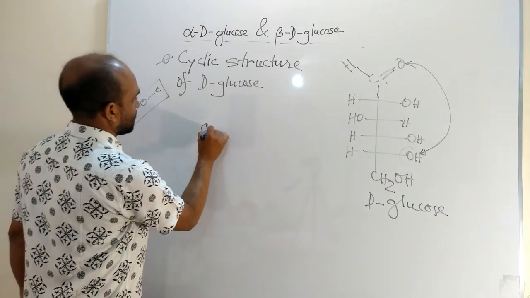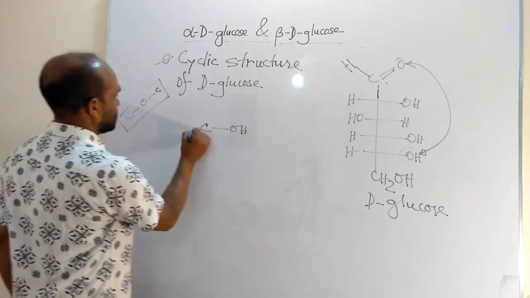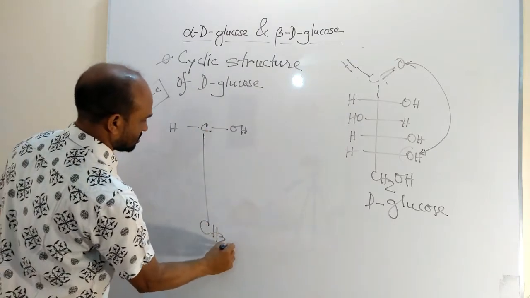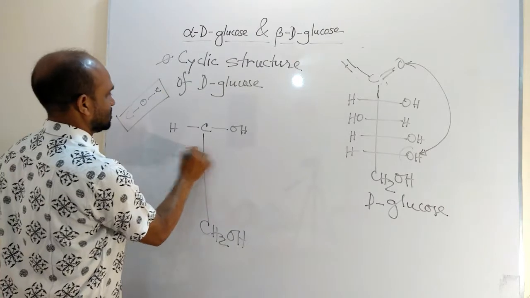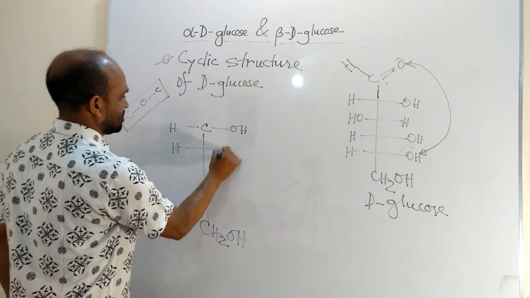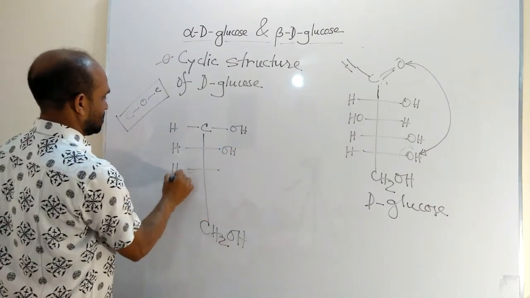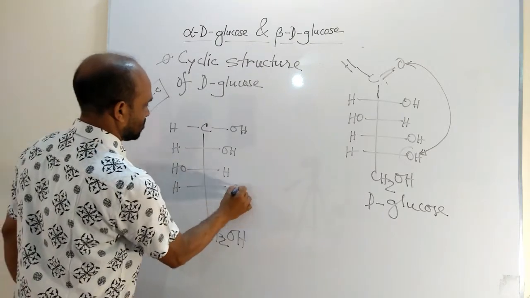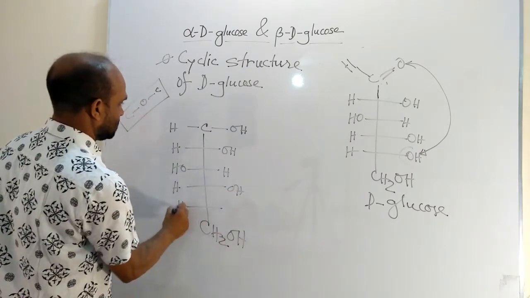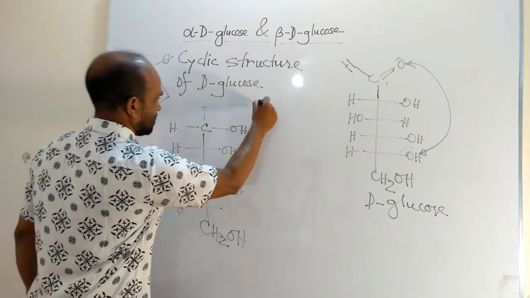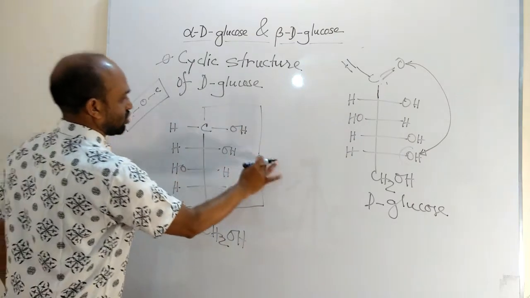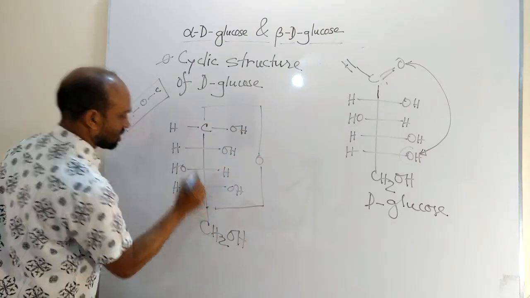Here OH plus hydrogen, CH2OH, HOH, HOH, HOH, H, and here a new bond is formed, that is carbon, oxygen and carbon.